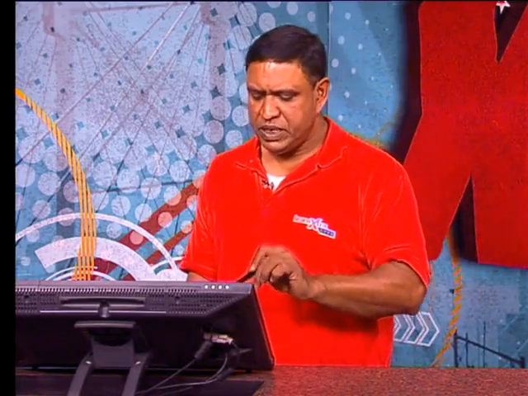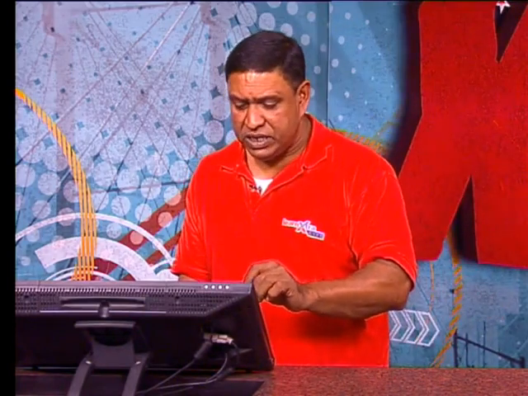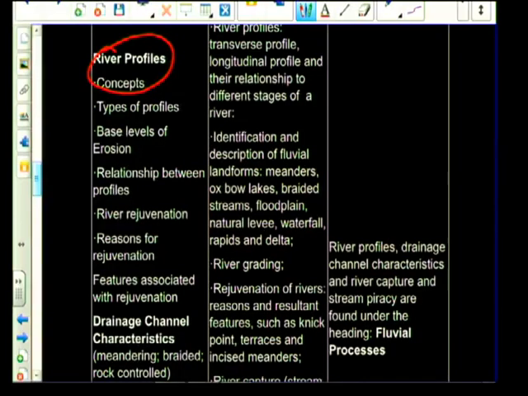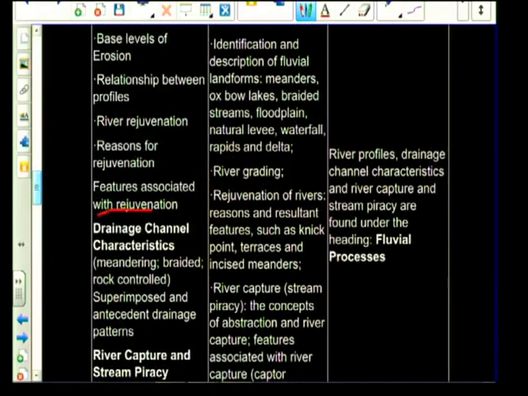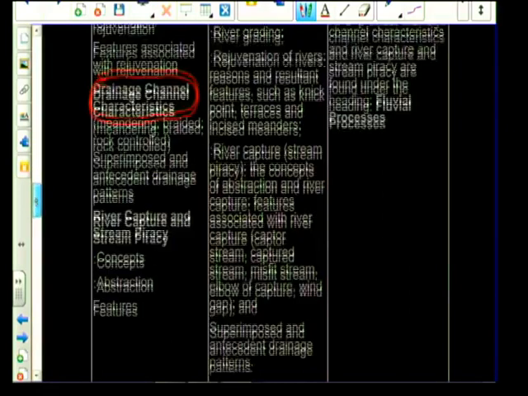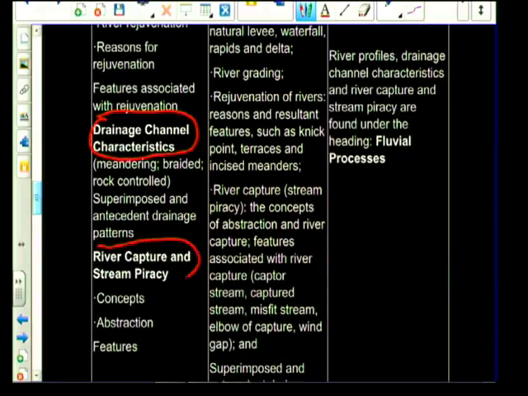Okay? River profiles. There's quite a few things here when we look at it. River profiles that you covered, the different types of profiles. Then you did drainage channel characteristics. We looked at the relationship between profiles, rejuvenation, reasons for rejuvenation, associated rejuvenation. Then we went on to drainage channel characteristics, where we looked at meandering, braided, and rock control streams, superimposed and antecedent streams, and then we looked at river capture and stream piracy.